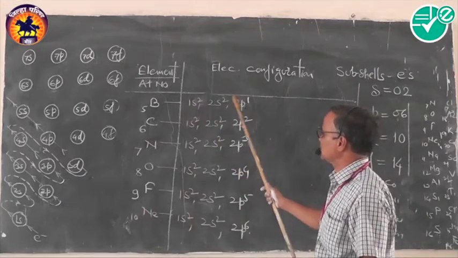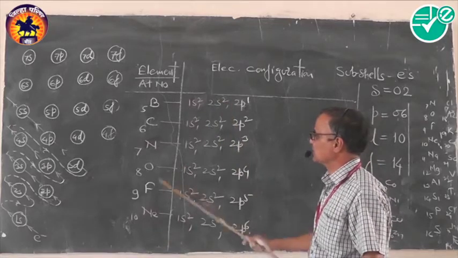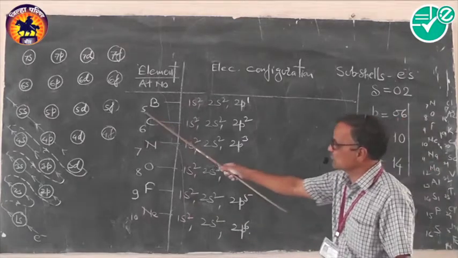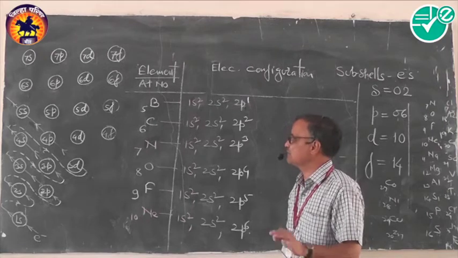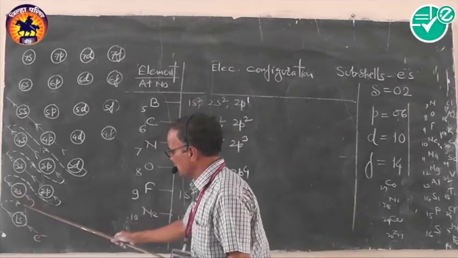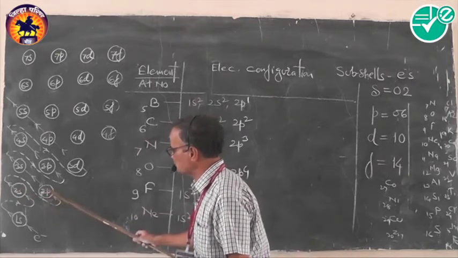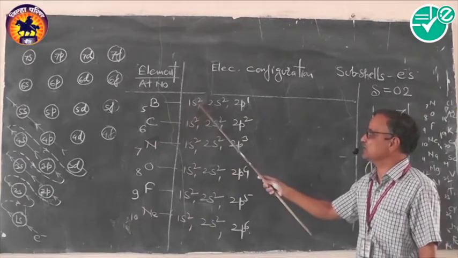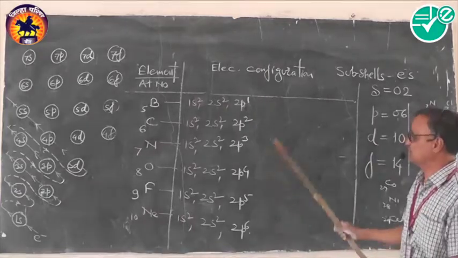Therefore 1s2 2s2 is the common electronic configuration of boron for the first 4 electrons. But the atomic number of boron is 5, so it contains 5 electrons. So 2 plus 2 is 4, then the electron moves to the p subshell, that is 2p1. So 1s2 2s2 2p1 will be the electronic configuration of boron.